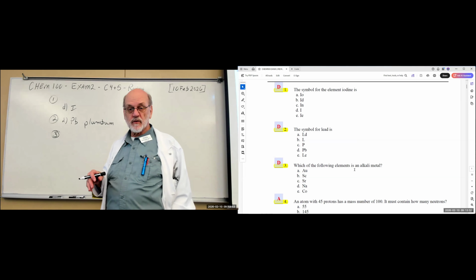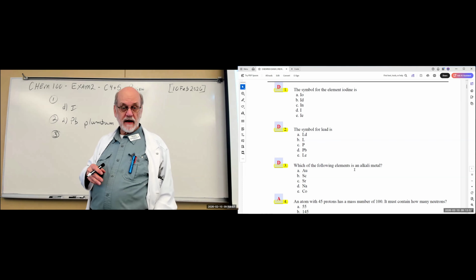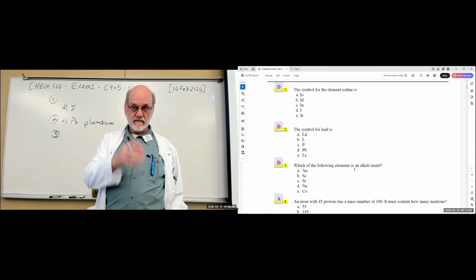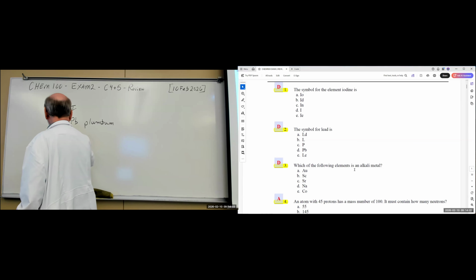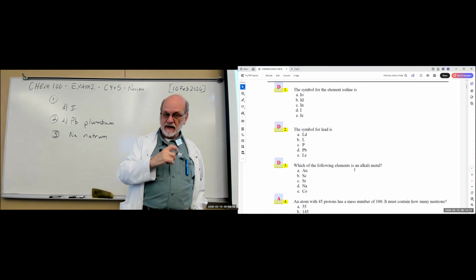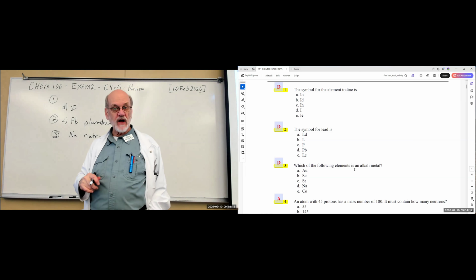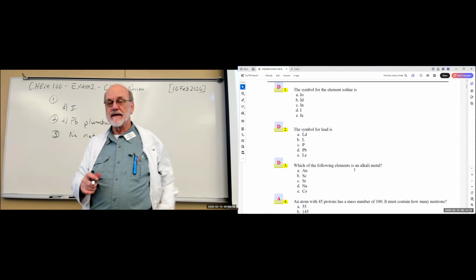Lithium, sodium, potassium, rubidium, cesium, and francium. The only one that fits that group is Na, which is sodium. The Latin for that is natrum. That's sodium. It's not S. S is sulfur. Na is sodium.